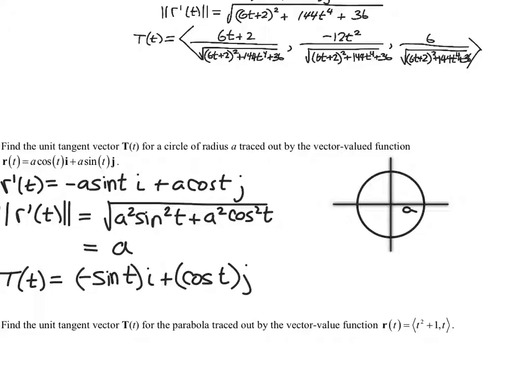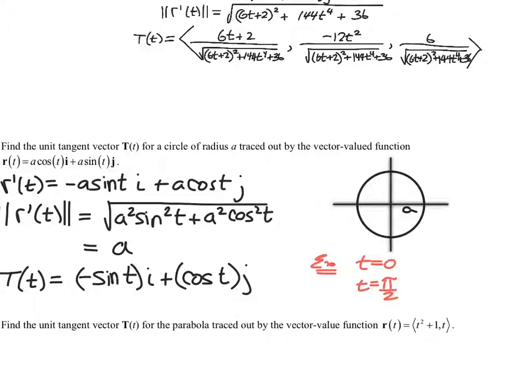So for example, I'll just do a couple of popular values. Let's do t equals 0 and t equals pi over 2. On the circle, 0 is going to put you at this location. Pi over 2 is going to put you at that location.